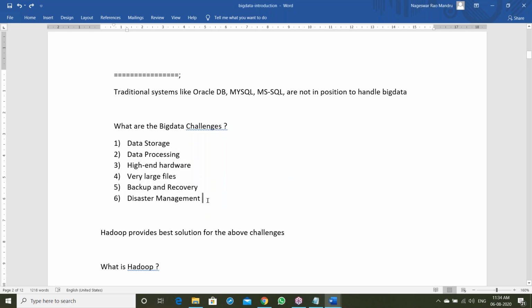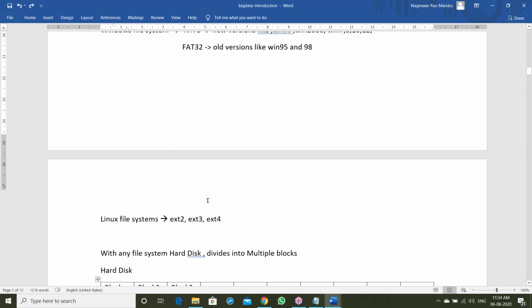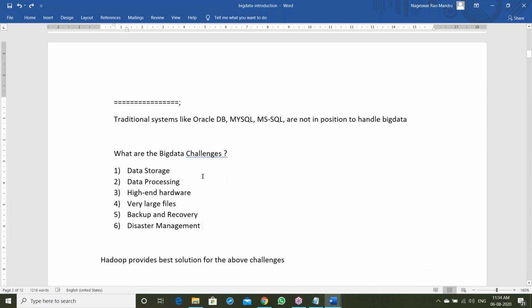So that's all about the big data challenges, and the solutions from Hadoop are like this. The overview is completed. Tomorrow we have one more topic: the 3 V's of data, structured data, semi-structured data, and unstructured data.